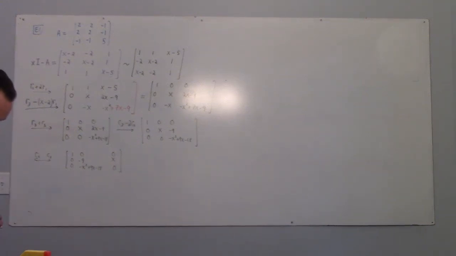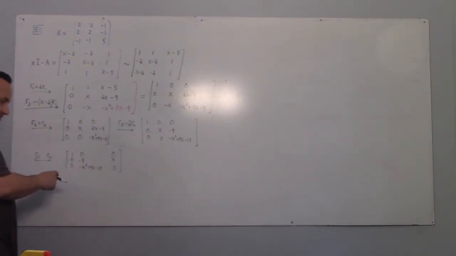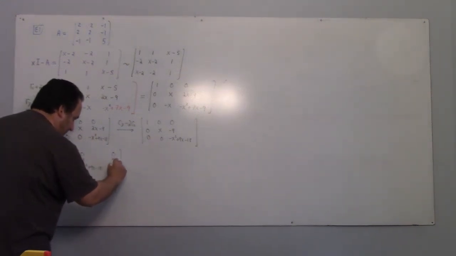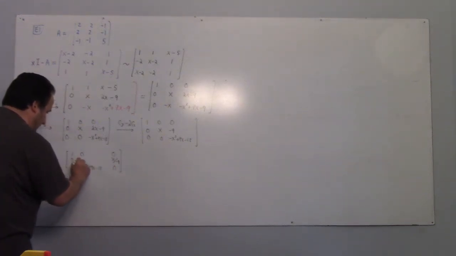And then I divided row 2 by 9, which I'm going to go ahead and do in this, don't try writing it, okay? I'm going to divide row 2 by minus 9. This is a 1.